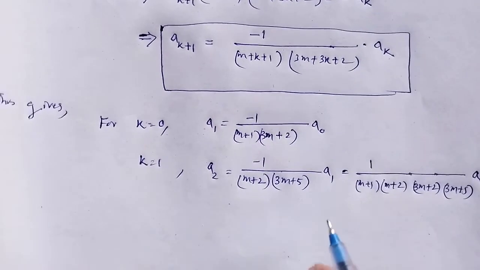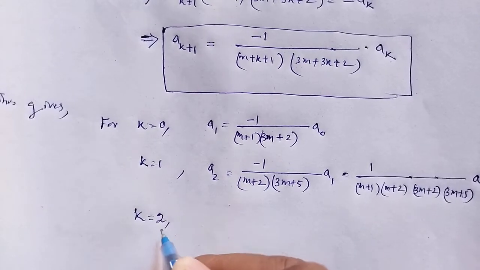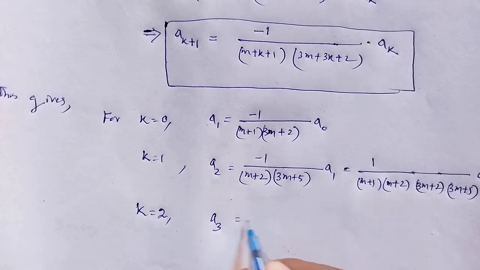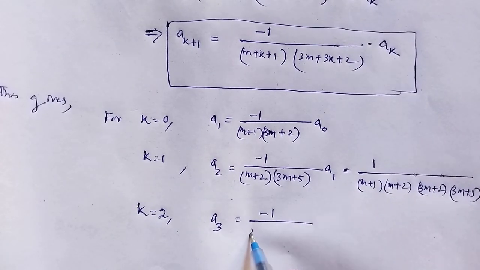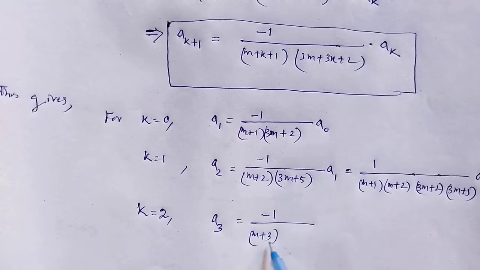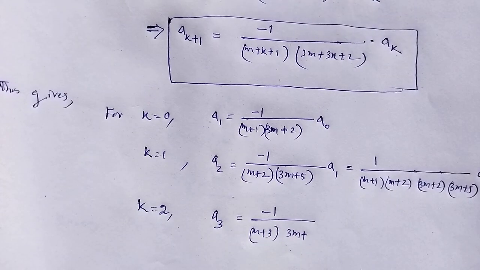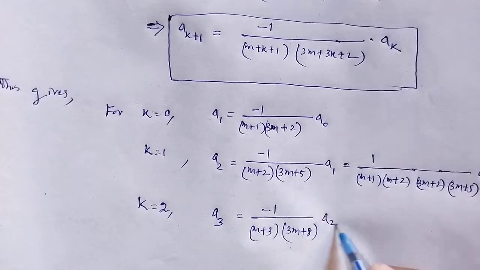Again k is equal to 2, that means a3, that is minus 1 divided by m plus 3, 3m plus 8, a2.